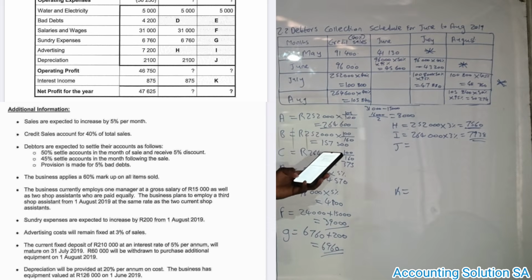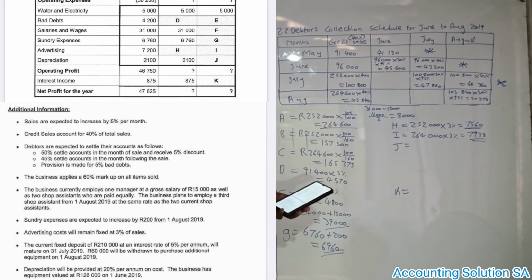Okay, number J. Depreciation for August. They say that depreciation will be provided at 20% per annum on cost, and the business has equipment to the value of 126,000 on 1 June.